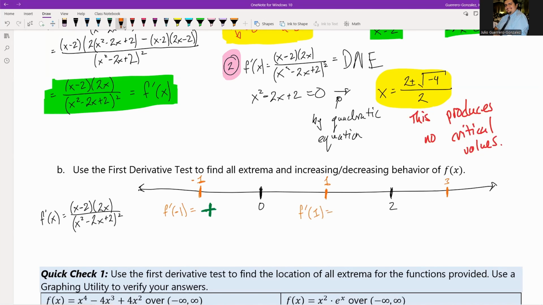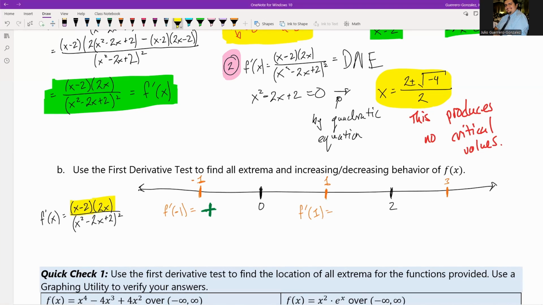F prime of 1. So I need to plug in 1 into my derivative, which is right there on the left. Okay. So 1 in here is going to be a -1, times 2 times 1. That's going to be 2.